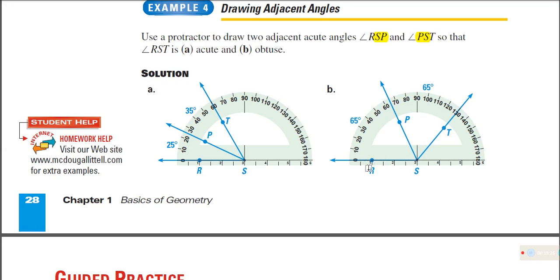So, yung isang side should be plotted on the straight line below the protractor. Tapos, yung isang side should be outside 90 degrees. Dito sa example natin, ang na-pick na coordinate ay 130. And then kahit saan mo na i-plot si PS, okay lang.